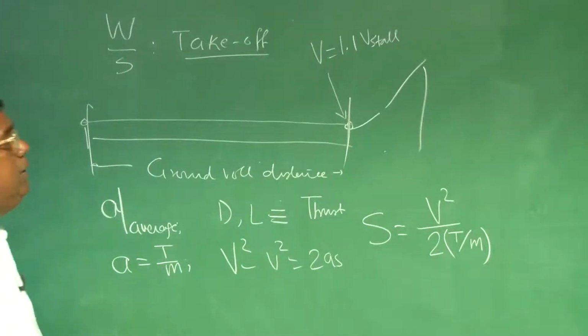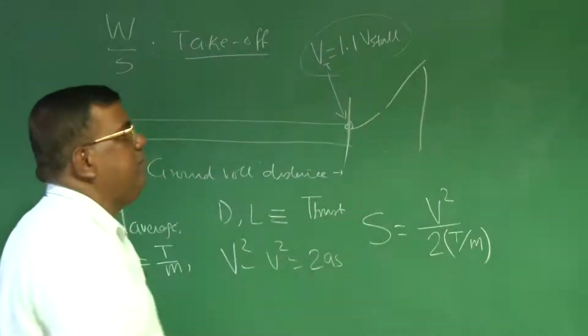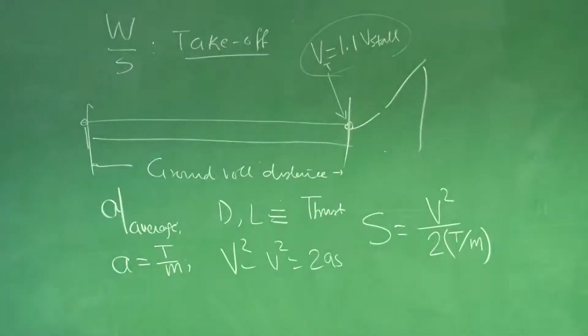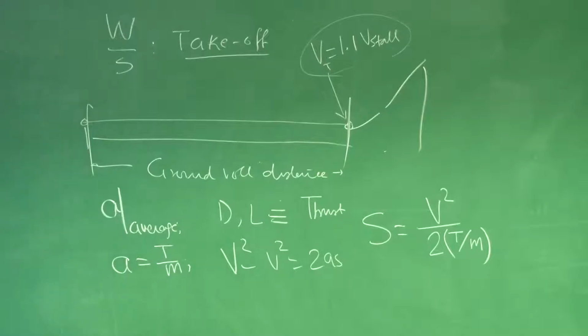Be careful about it. These sorts of numbers are very specific to different types of aircraft, whether civil or military, and these are guided by the regulatory bodies. So you have no option to change those.